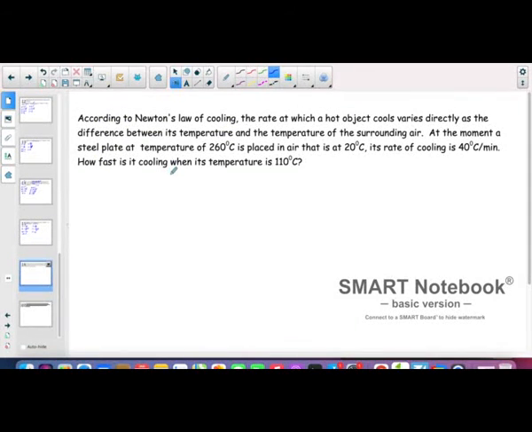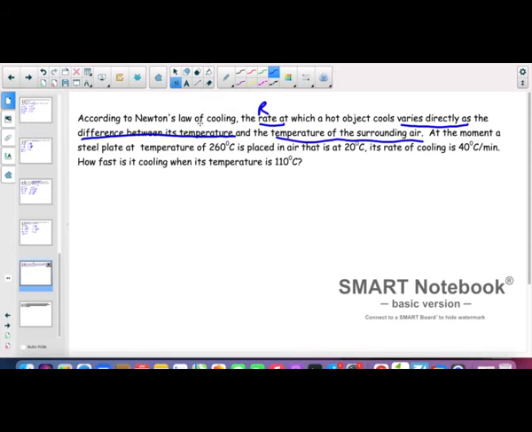And the next one, according to Newton's law of cooling, the rate at which a hot object cools varies directly as the difference between its temperature and the temperature of the surrounding air. So if we think about this, I'll use R for rate. It's varying directly as a difference this time between its temperature and the temperature of the air that surrounds the object.